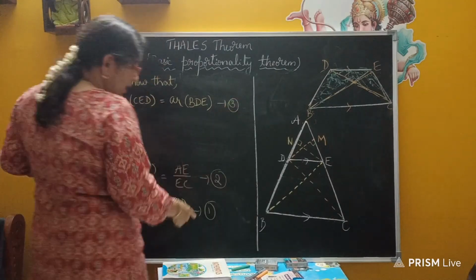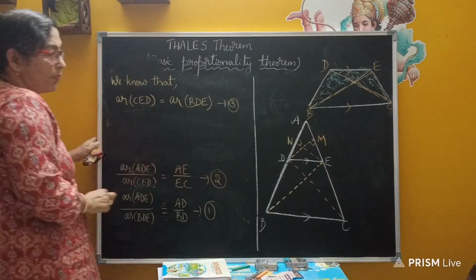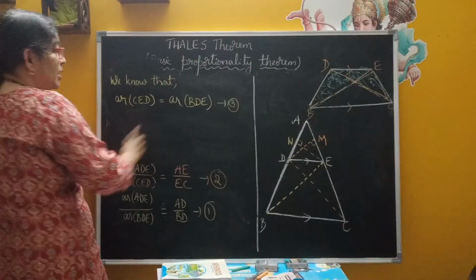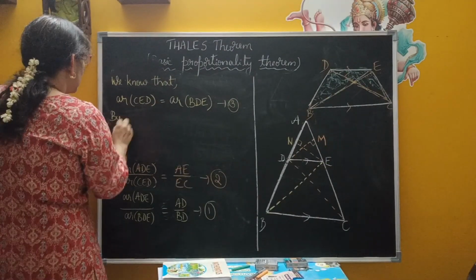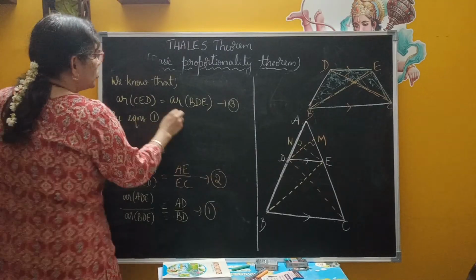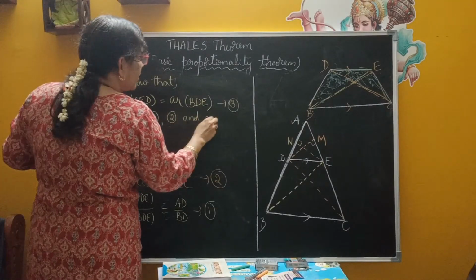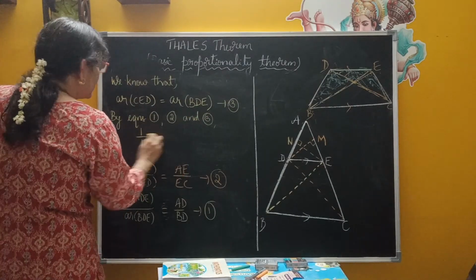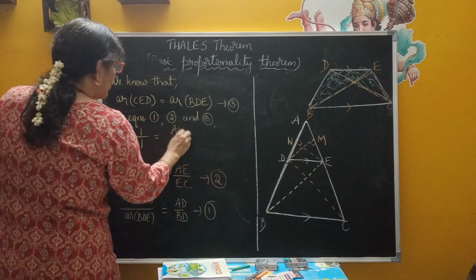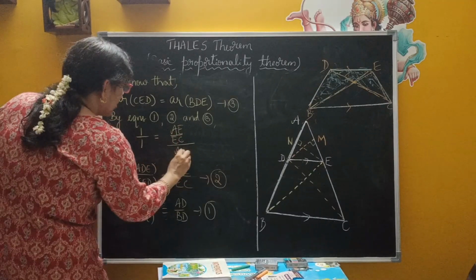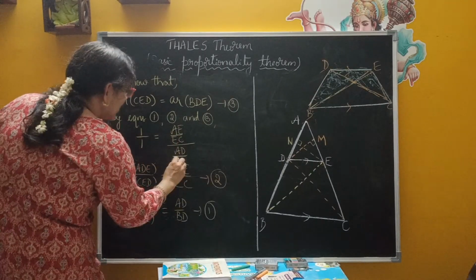By equations 1, 2 and 3, by all these reasons what I have explained, what can you say? We write 1 by 1 is equal to AE by EC whole divided by AD by BD.